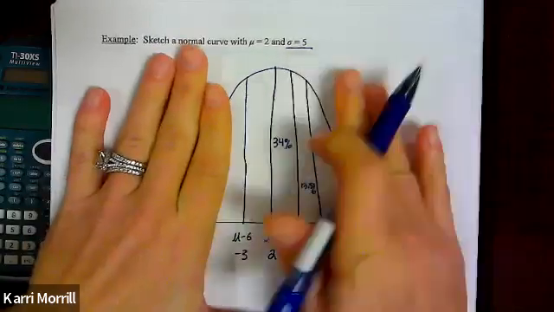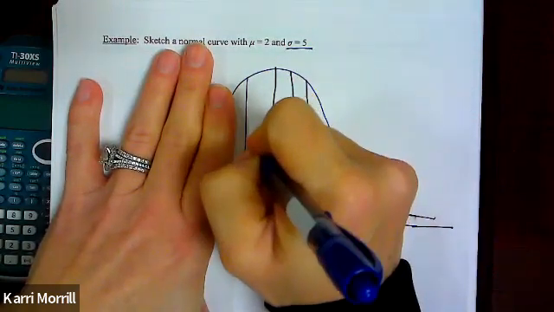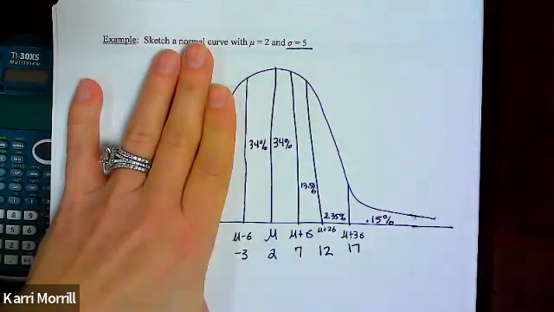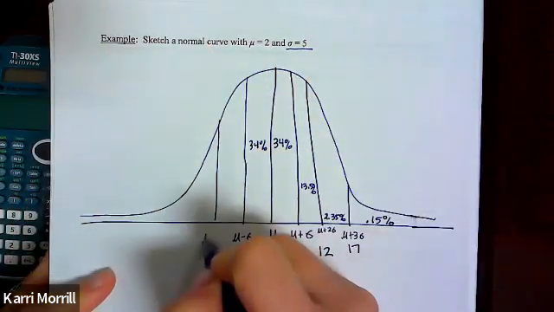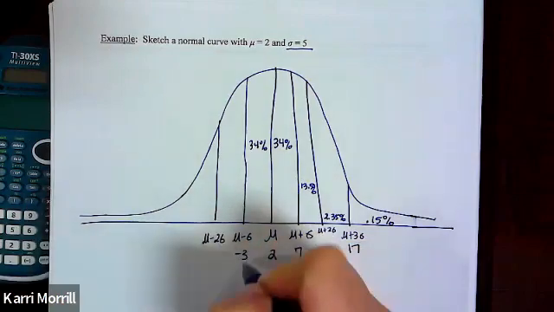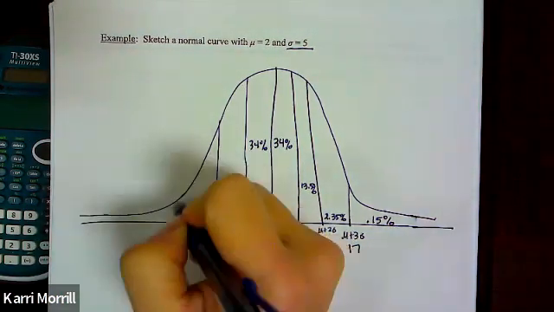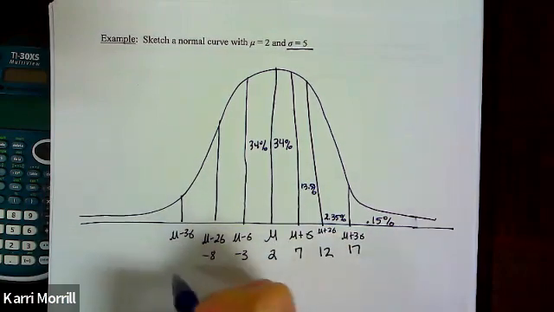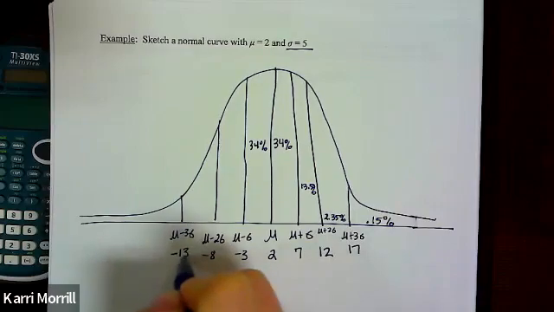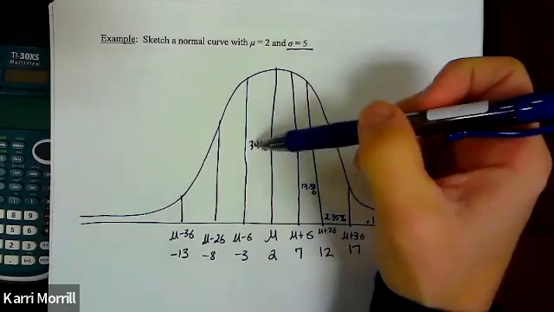This area matches the mean plus a standard deviation, so it also represents 34%. Then when we draw here and we say mean minus 2 standard deviations, we would get -8. And then one more, the mean minus 3 standard deviations, we would get -13.